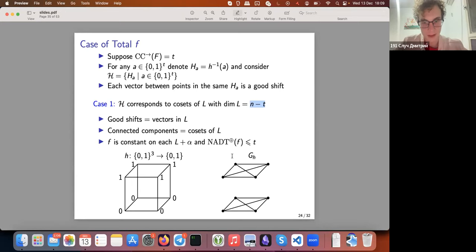That's how the total H-induced graph looks, and connected components of it are cosets of L. And f is constant on each of the cosets because they are connected. Because of that, we have the required bound.